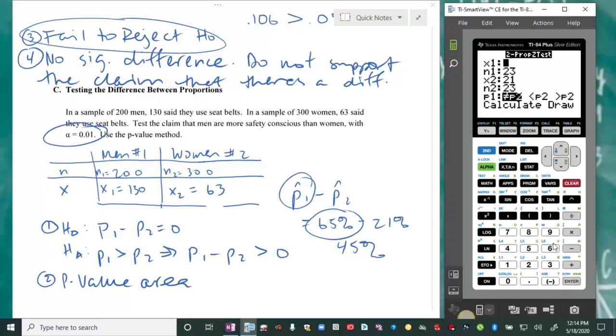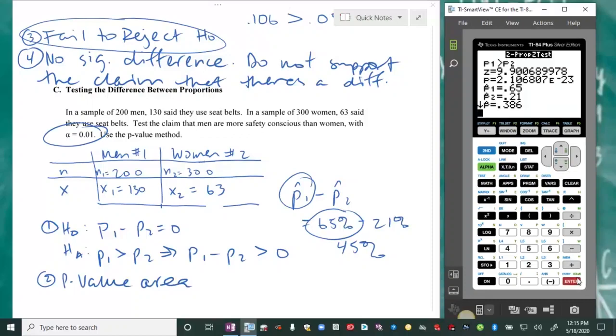Oh, sorry, not 63, 130 out of 200. And for sample 2, that one is the 63 out of 300. And for my symbol, I want P1 greater than P2 in the alternative hypothesis. I arrow down and I hit calculate.